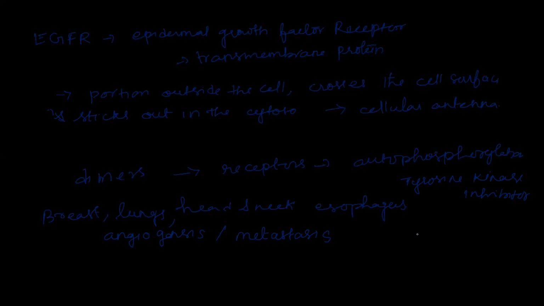That is, it is doing the autophosphorylation. So once autophosphorylation happens, it is going to alter the genes by the addition of the phosphate group. So if the drug used is a tyrosine kinase inhibitor, it will avoid the activation of the receptor. Okay, thank you.